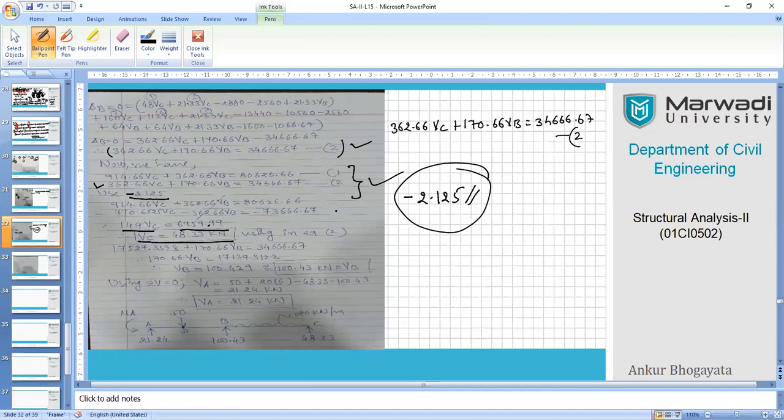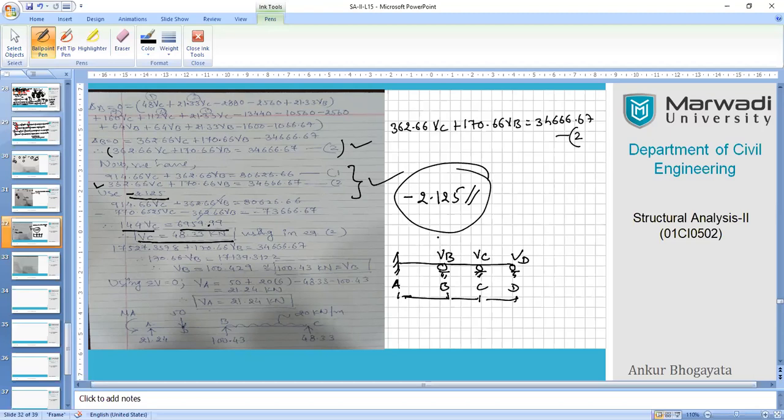So this method should be used when you have more than one unknown as a redundant in your system. For example, if I take this example one step further, let us say this is A, this is B, this is C, and this is D. Irrespective of whatever the loading condition is, it doesn't matter. You have to go for these segments, segment number 1, 2, and 3. But then you have to select all of these as redundant, VC, VD, and VB.